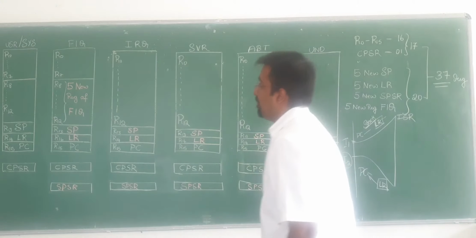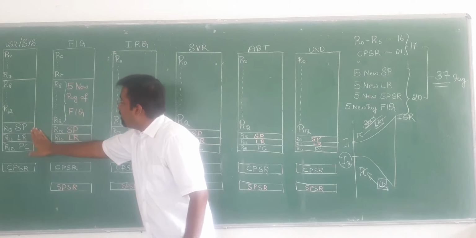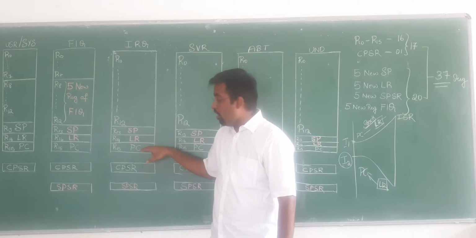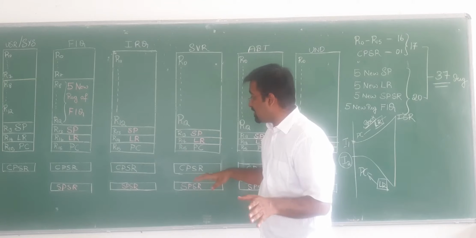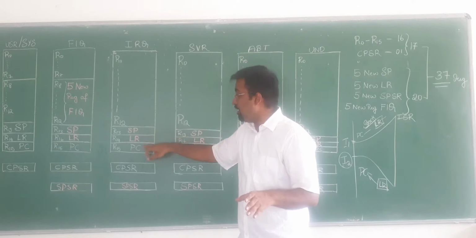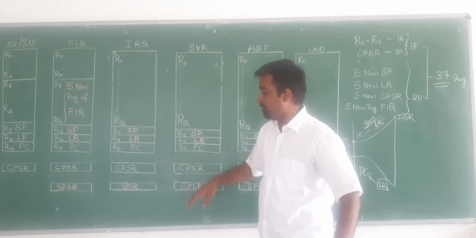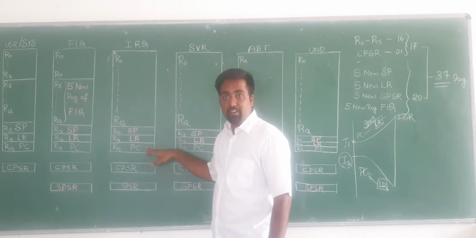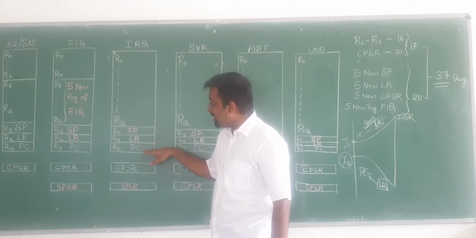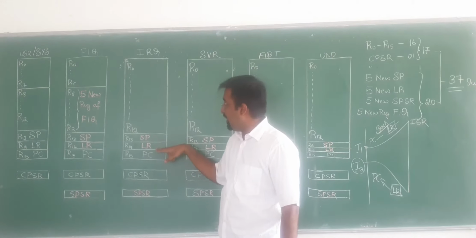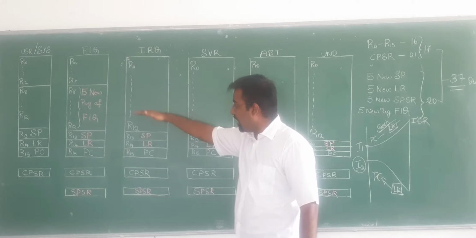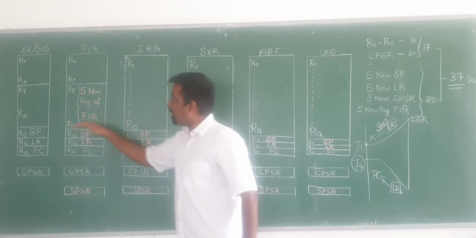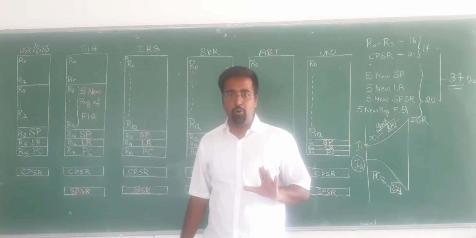Now look at the diagram. From the user mode, if I go to IRQ mode, your PC value, see, I have represented in a different color, in pink color, which is a new register. The PC value, which is the same as in the user mode, copies its contents into LR such that after execution of IRQ mode, your LR is copied back again to the PC and the PC comes back to your user or system mode.